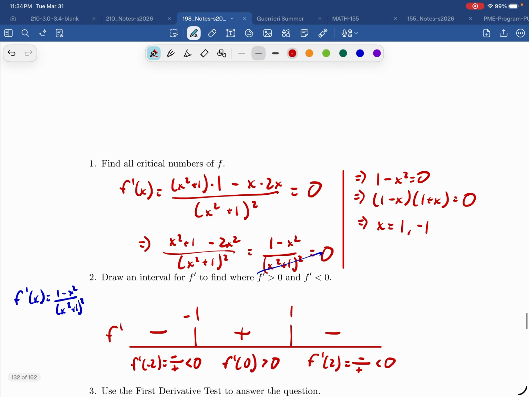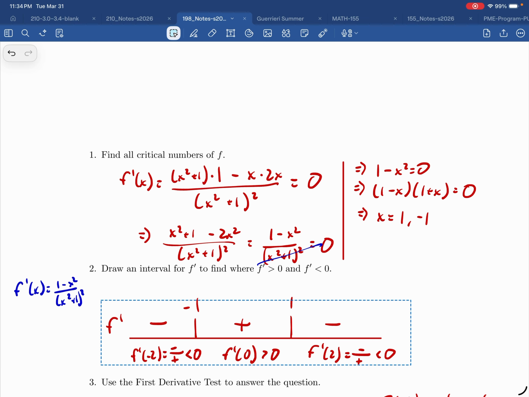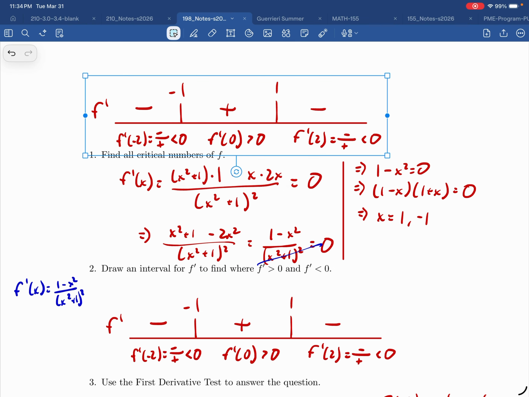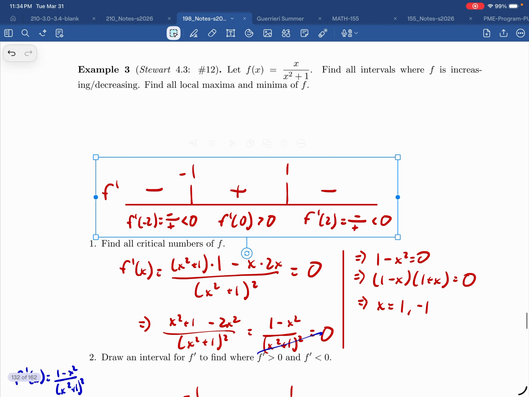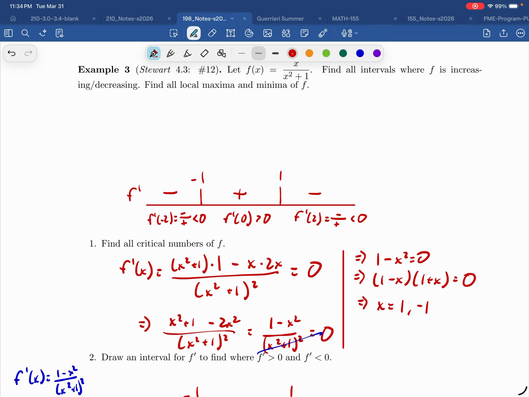Now, again, I'm going to go ahead and duplicate this and shrink it a little bit, just so I can get an idea of what the sketch of this curve would look like.